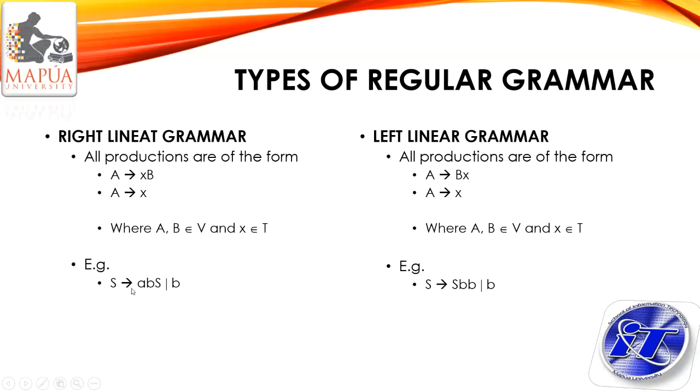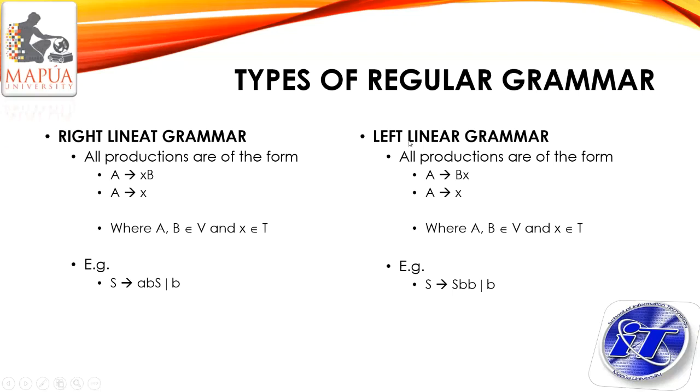You could have this or B as substitution for S when we generate the string. But going back, if it's right linear, as you can see, capital S is on the right side of the terminal variable. So that's right linear.